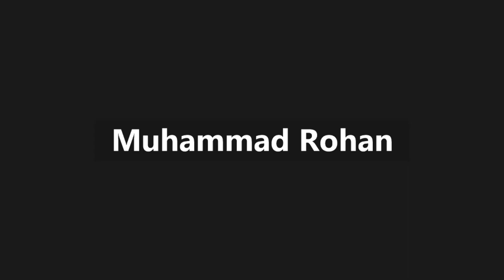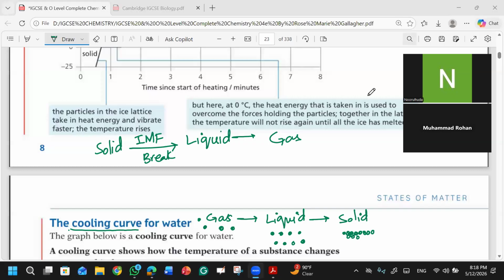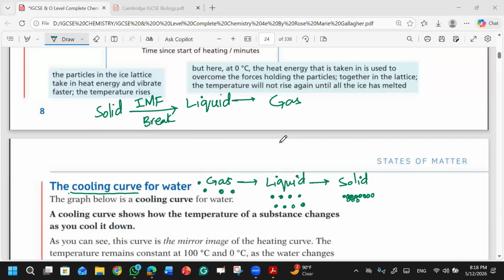Okay. I was asking you what can happen in the cooling curve. Intermolecular forces will form, right?